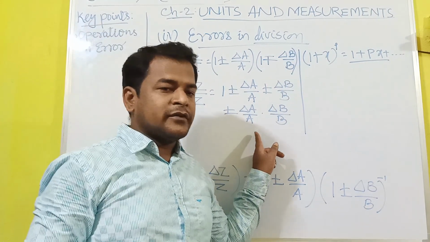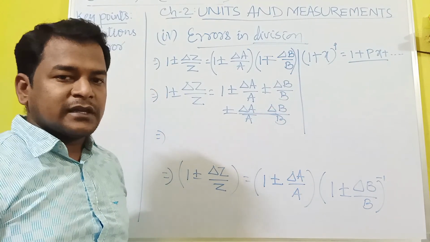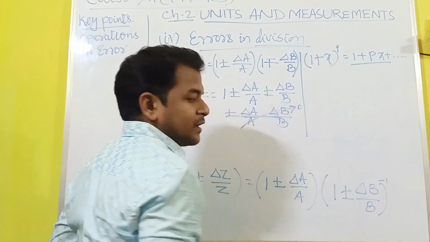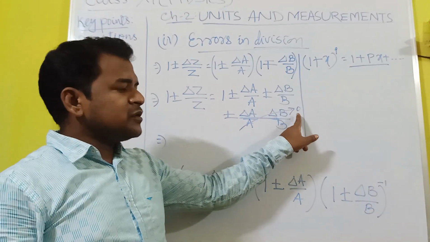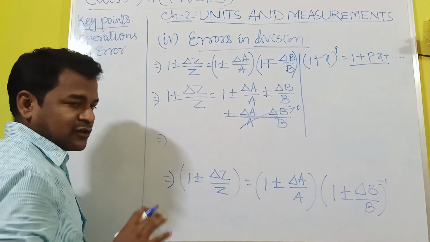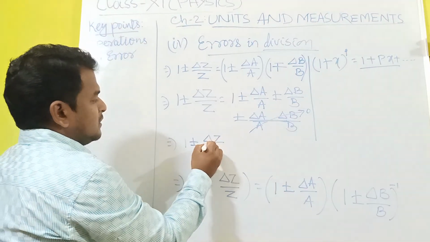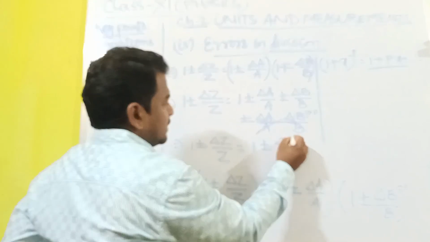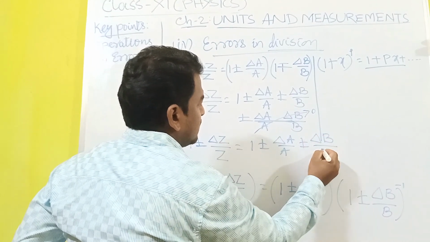Look, I have told you before also, the product of two deltas means that quantity may be neglected. Okay, so this term may be neglected. Neglected means that is approximately equal to 0, very nearly equal to 0. That is, we may neglect that term. So how much left? 1 plus minus delta z by z equal to 1 plus minus delta a by a plus minus delta b by b.